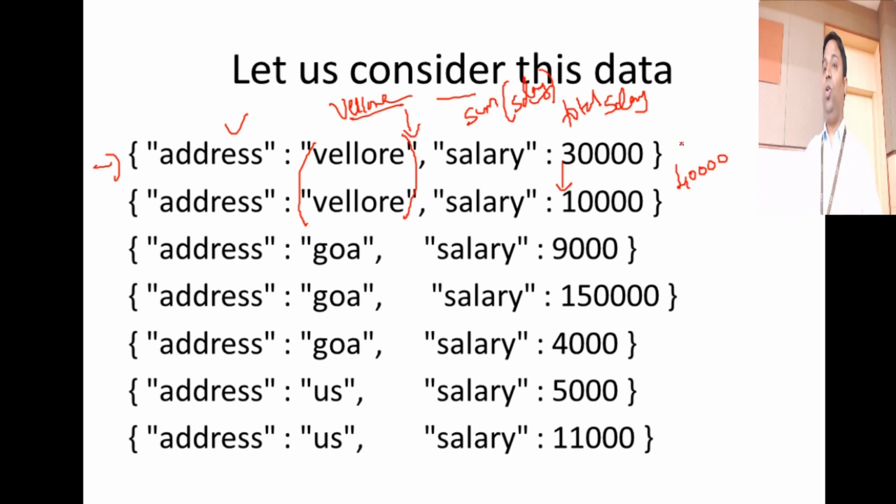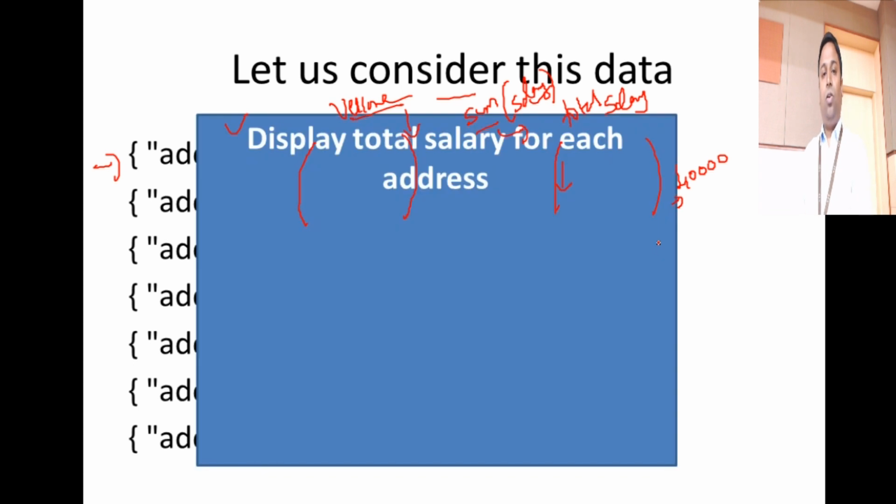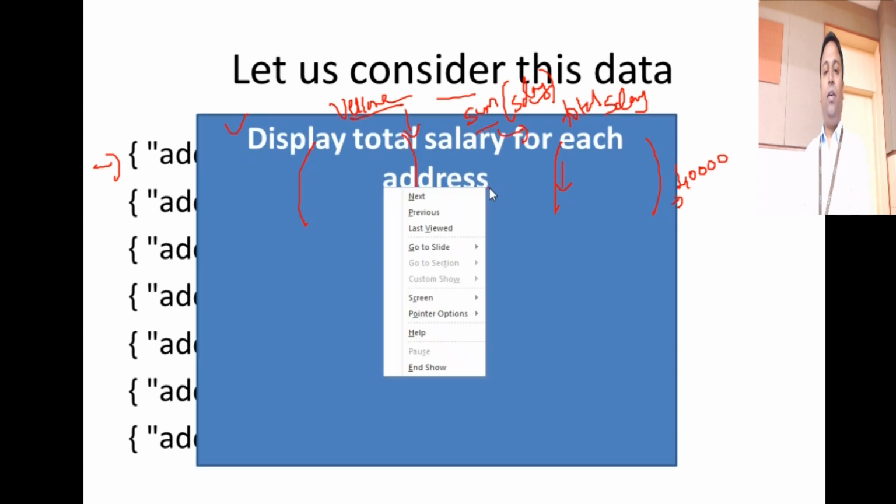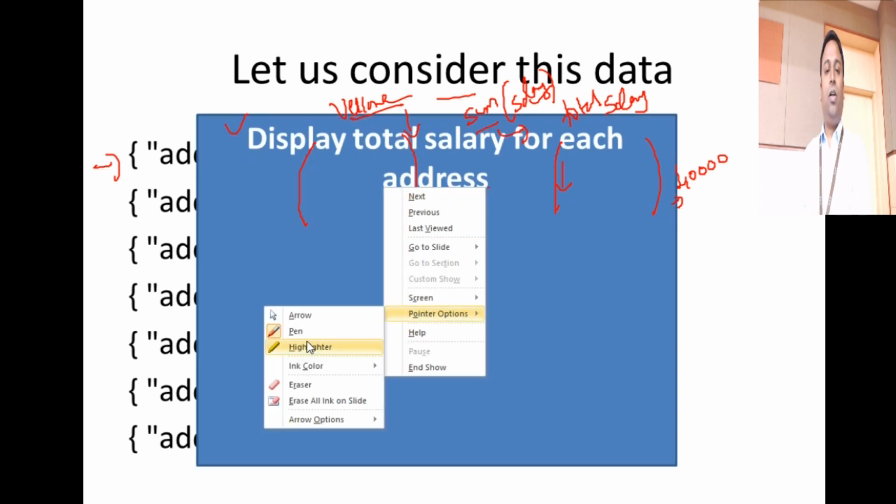And then once after grouping, what should I do with this group? What kind of function, what kind of accumulation should I do? Here, sum I can call an accumulator operator. It accumulates the fields. Say 30,000 plus 10,000 will be 40,000. So that is group by, and I've just displayed the result for this query here.